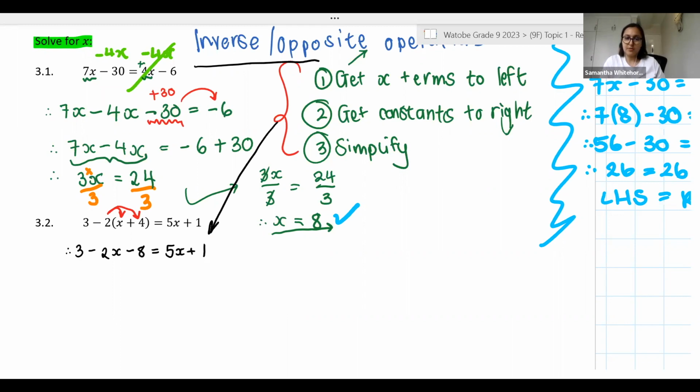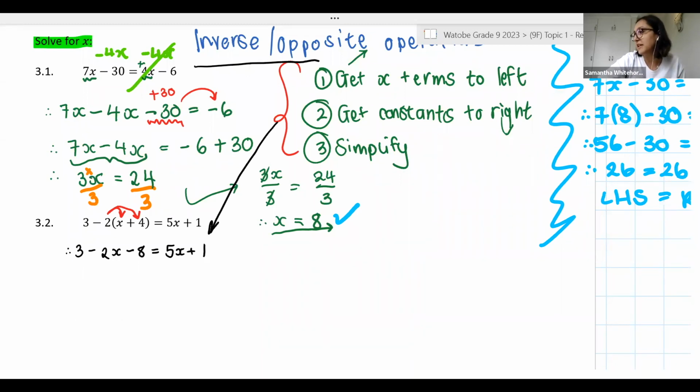Remember those inverse operations. Very, very important that we use inverse operations. Otherwise, we're going to have a bit of a problem. And again, if anyone's feeling brave, you can raise your hand or you can put your answer in the chat.